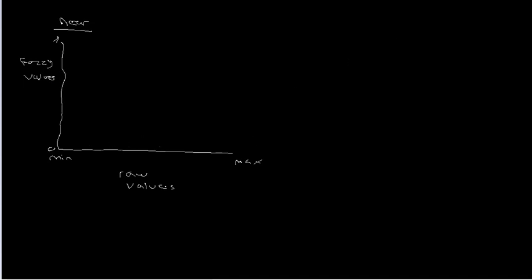What the near fuzzy membership function looks like is essentially it's low, it comes up, it peaks, and then it comes back down, kind of like a bell shape. It looks similar to a normal distribution.